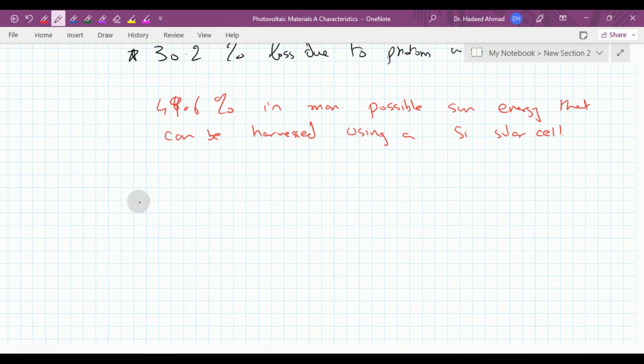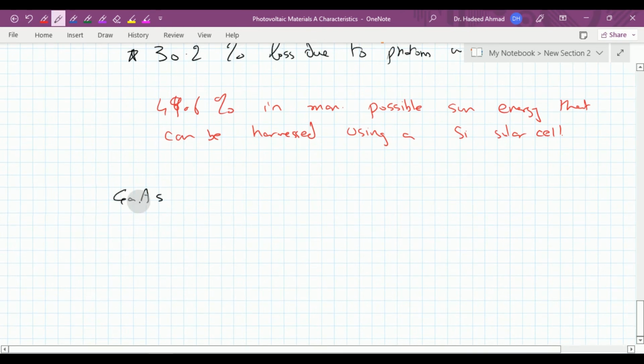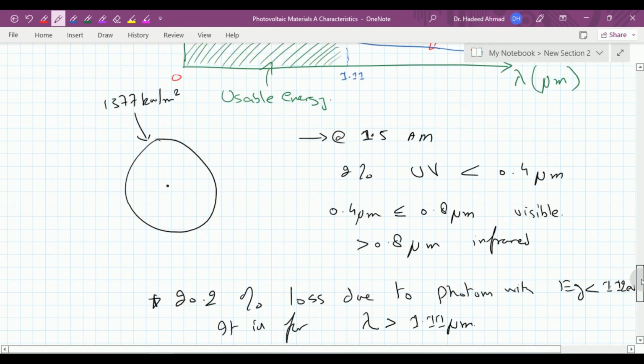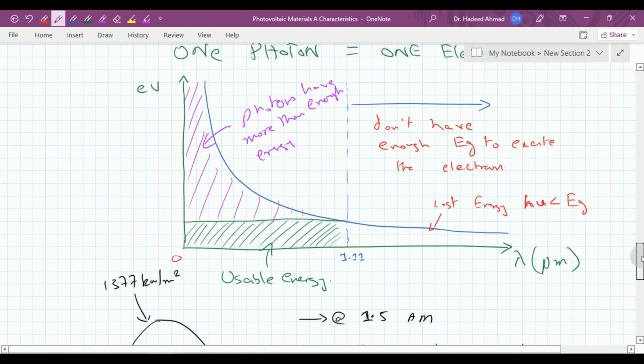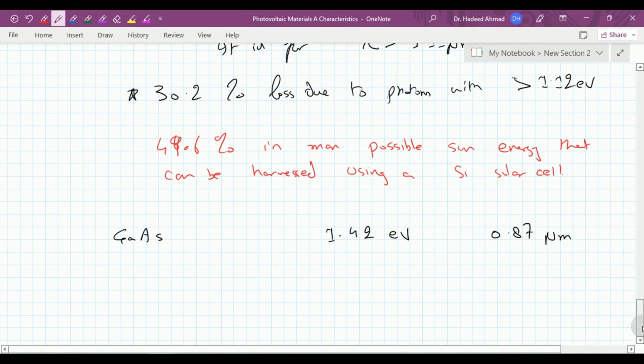For example, gallium arsenide, if used as a material for creating a solar PV module, requires a band gap energy of 1.42 eV. Hence, the wavelength requirement is 0.87 micrometer, which was 1.11 micrometer for the silicon photovoltaic solar panels or solar cells.